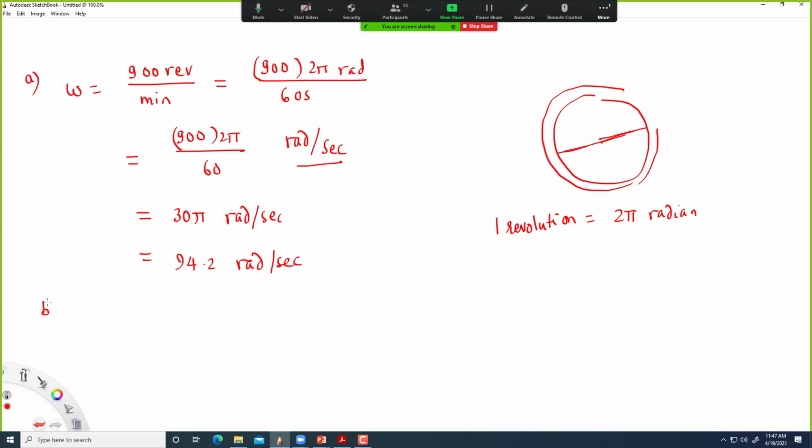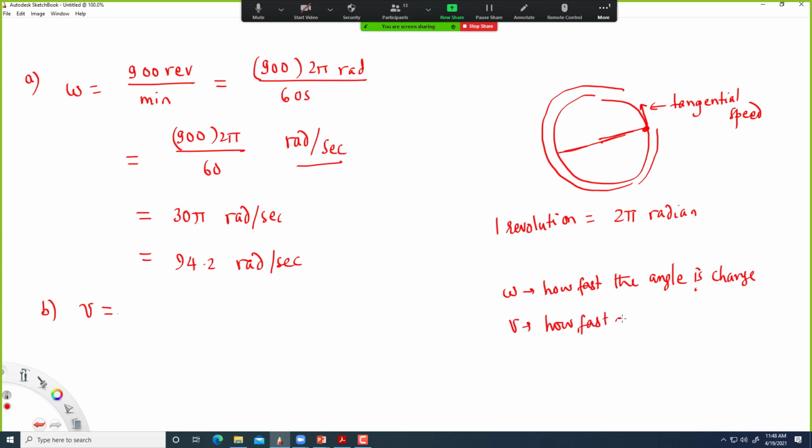Now, part B. If you consider a point, how fast would that point be moving? So we want to find v. How fast this point is moving is called tangential speed. Angular speed, this omega, is how fast the angle is changing, but this v is how fast a point on that object is moving forward.